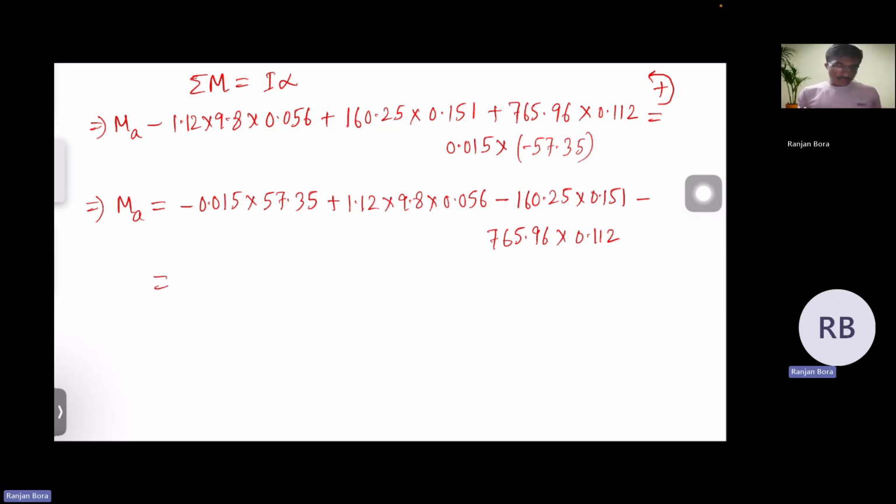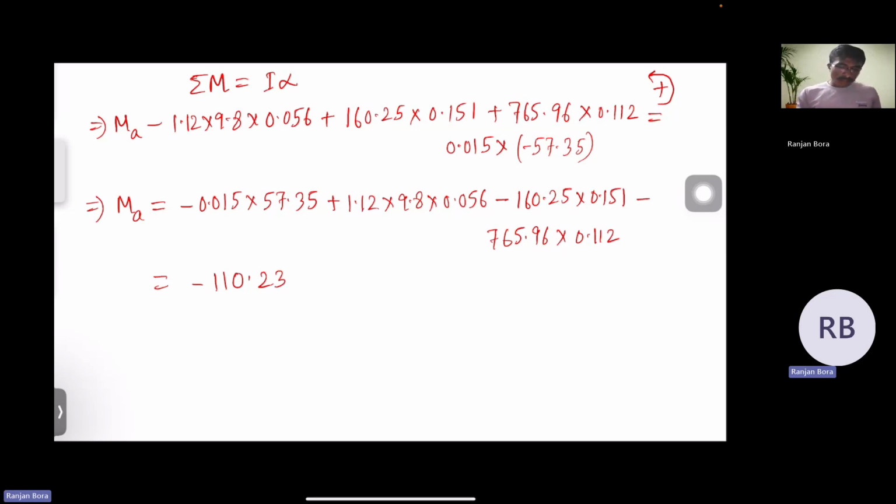So if we solve this, we will get minus 110.23.